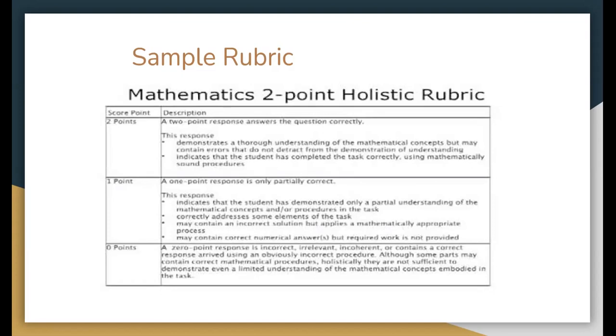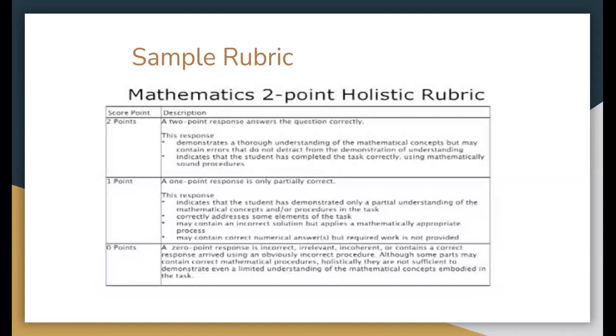So it culminates all of the main descriptors that it wants to look at, and it gives 2 points for that. In the second one, it culminates all the descriptors, all the criteria, but at the same time, it will mention where the student would lose a mark. You get me? So that would be a holistic rubric, because all the criteria is culminated into one box.